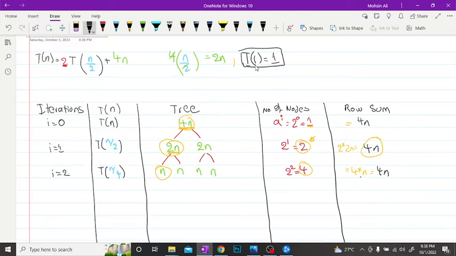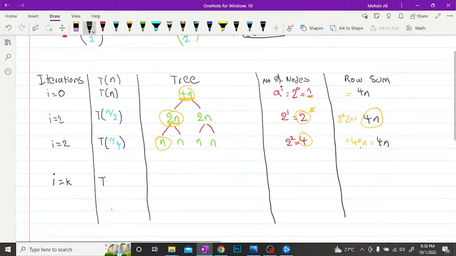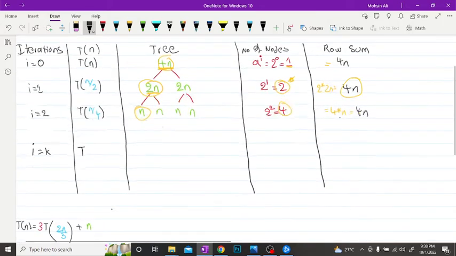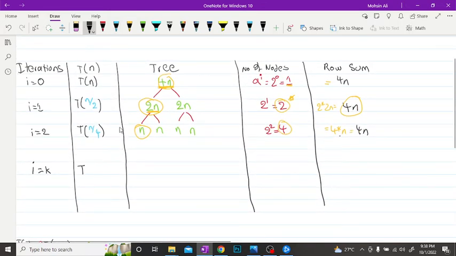into T(1). So to do that, I need to know that whenever I'm going to reach my base case, which is going to be at some iteration k, which I don't know what that is going to be, my T is then going to be converted into, and in the same way how we figured out a pattern, we discovered the pattern for the number of nodes and the row sum.